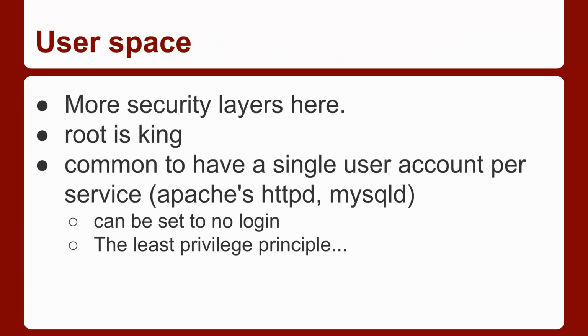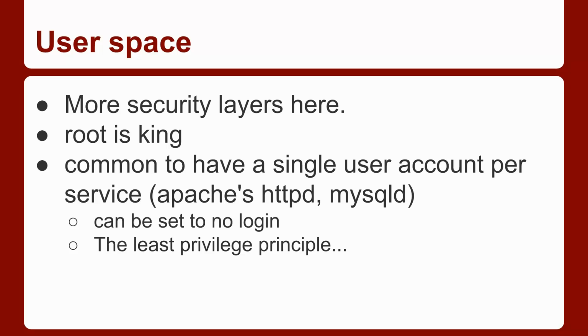So like I said, there are more security layers here. You may be running an application that runs inside of a sandbox, and effectively, root is king. It can do almost anything it wants to the kernel, which then in turn can do anything to the hardware. So it's common to have a single user account per service. Services can range from a web server, email server, and stuff like that.